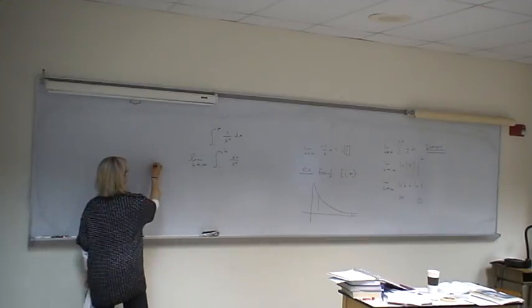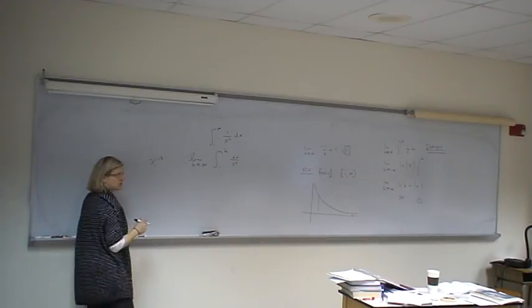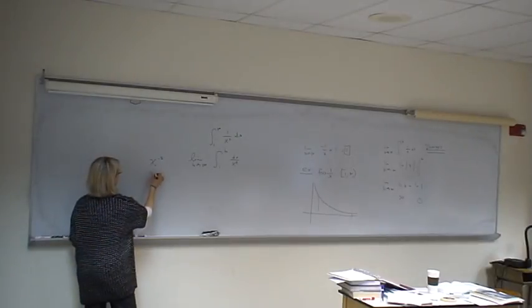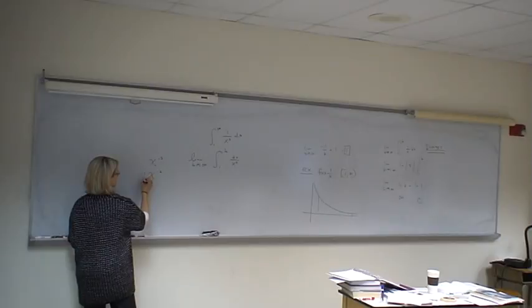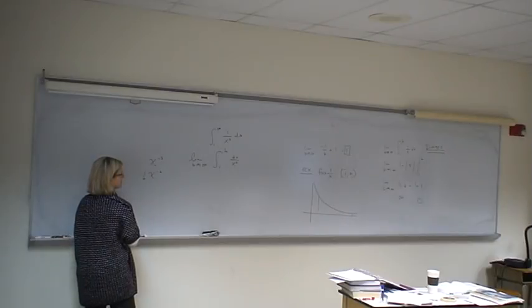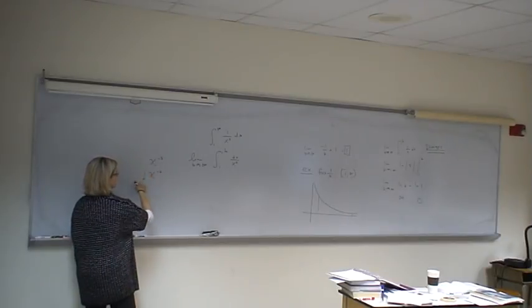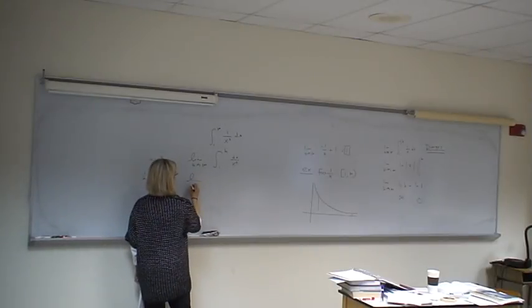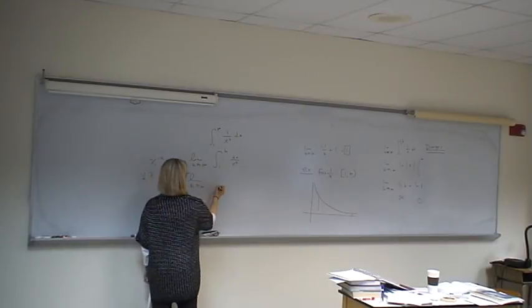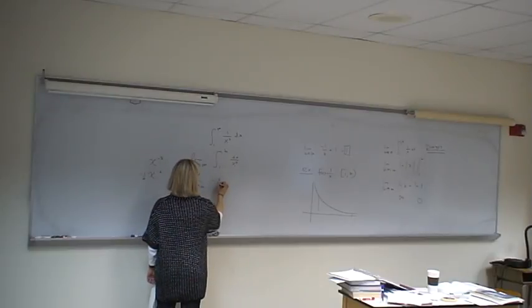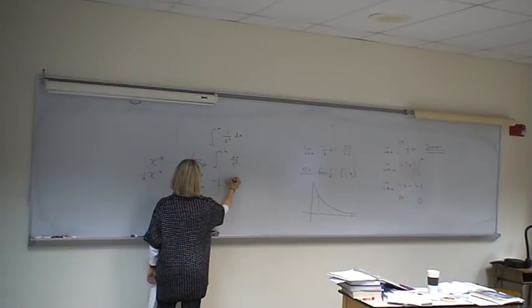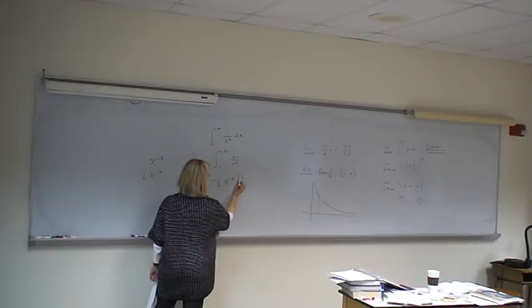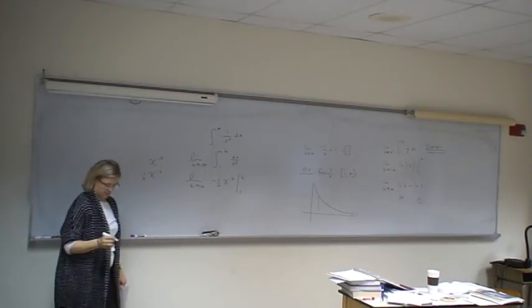So we really are starting with x to the -3 power. So we're going to go up to x to the -2 and divide by -2. So -1/2, is that right? Yeah. Okay, so I think sometimes it's helpful to write it this way to see that we're going up in power. So we have the limit as b goes to infinity of -1/2 x to the -2 evaluated from 1 to b.